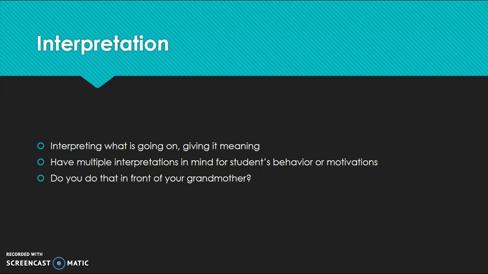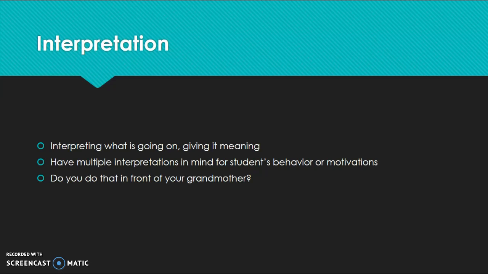And then the book mentioned that if you're trying to compare someone's actions, don't ask a student why they're doing something. Ask them, would you do that in front of your grandmother? And if they would, in most cases, it's part of their culture.